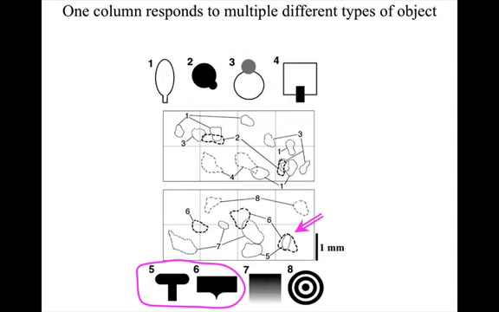One of the columns active in response to object 5 coincides with a column active in response to object 6. So columns don't correspond with categories of visual object, but the set of columns responding to one object is different from, but can partially overlap with, the set activated in response to a different type of object.